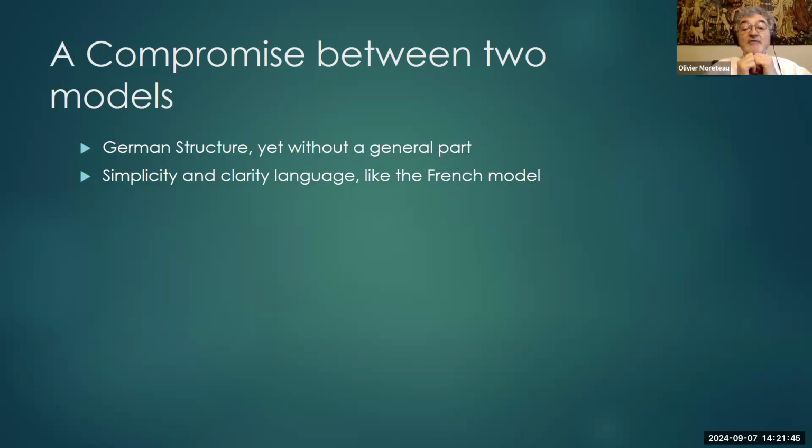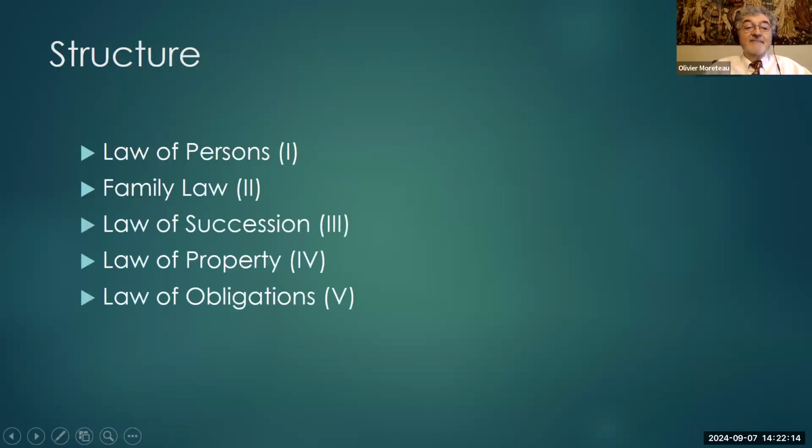It is German by the structure, yet without a general part. I will address that in a few moments. And it has the simplicity and clarity of language like the French model. By the way, like Louisiana, in those days at least, it is a multilingual code because it was written in French, German, Italian, and I'm sure there is a translation in Romansh, though I did not verify that.